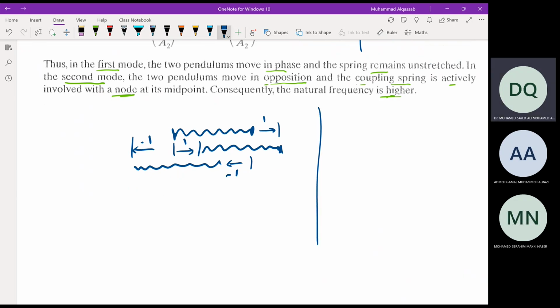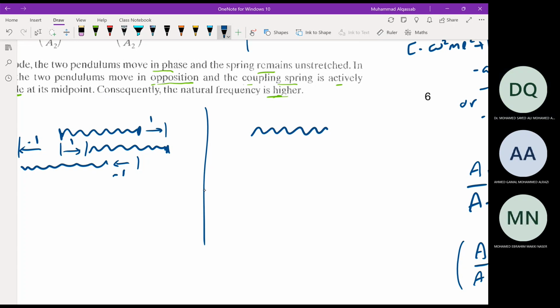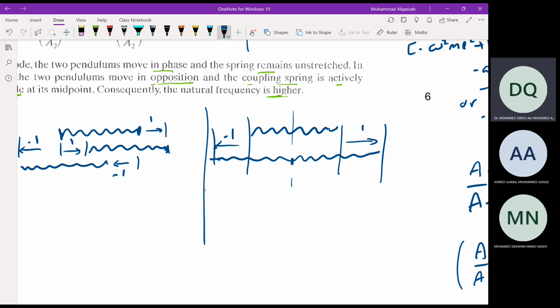In the second mode, there is a node in the middle where the spring is, and this node is 0. So if this is 1, this is minus 1, and if this is minus 1, this will be 1. This point always has 0 deflection.